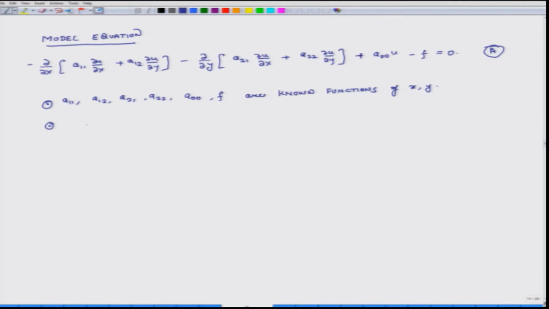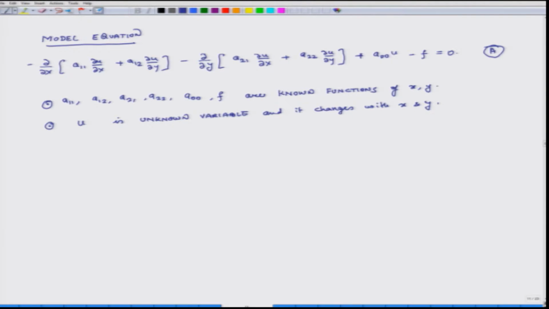Second, u is an unknown variable and it changes with x and y.